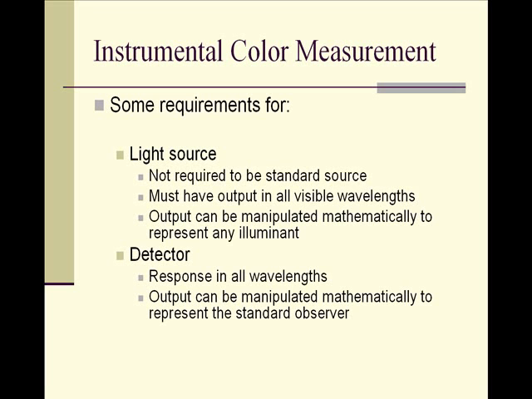Now, neither one of those is a standard source, and that's not really important. As long as it has output in all the visible wavelengths, that output can be manipulated mathematically to represent any illuminant. The illuminants are really just tables of numbers, so those can be correlated and calibrated with the actual light source so that we can transform them.